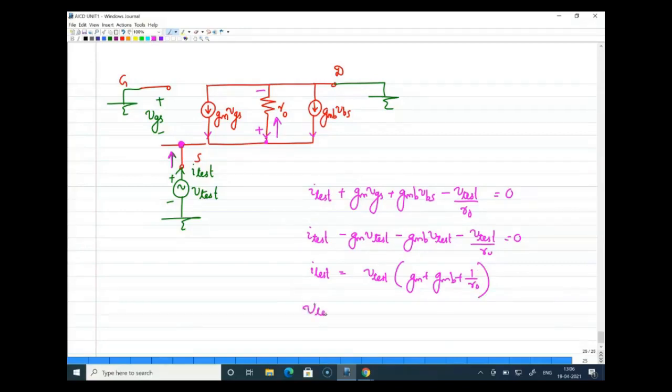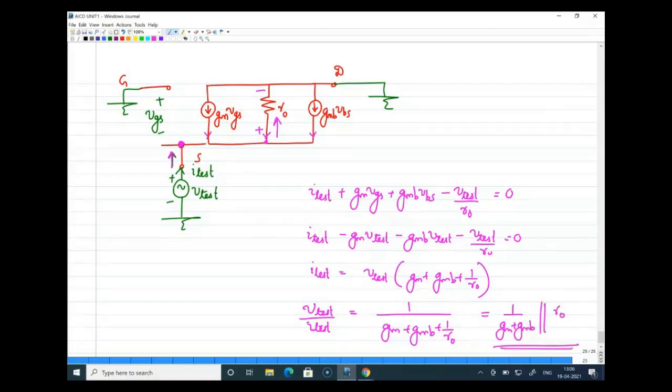Or Vtest by Itest is equal to 1 by gm plus gmb plus 1 by R naught. Or this can be further written as 1 by gm plus gmb parallel to R naught. All right.